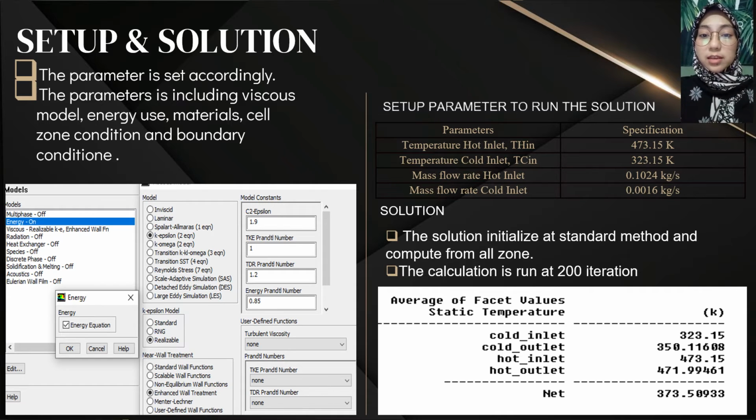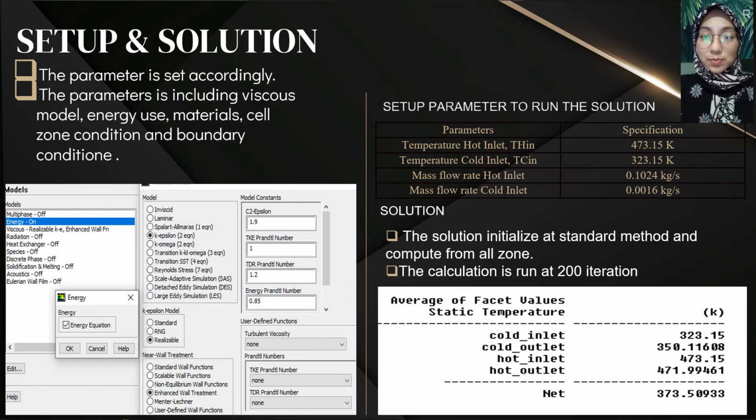Then the material and cell conditions are set accordingly: the cold fluid is diesel, the hot fluid is carbon dioxide, the exhaust is set to steel, and the sleeve is set to copper. Next, the parameters used for the simulation are set as shown in the table, where the temperature and mass flow inlet for both hot and cold fluid are fixed.